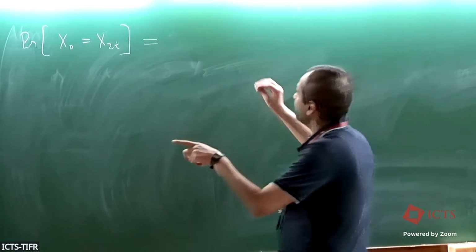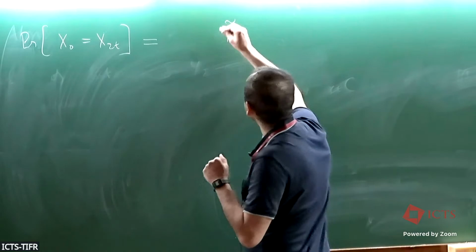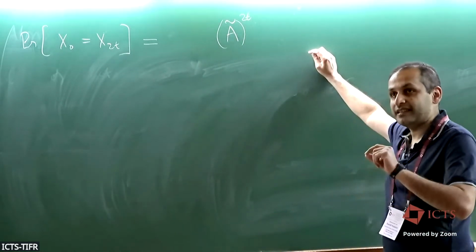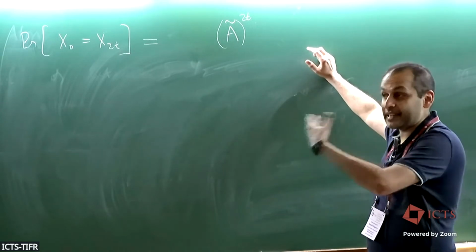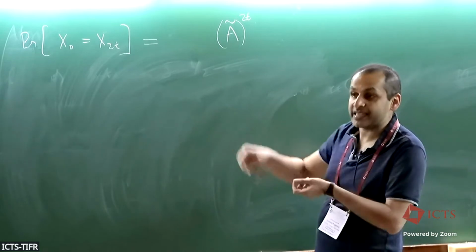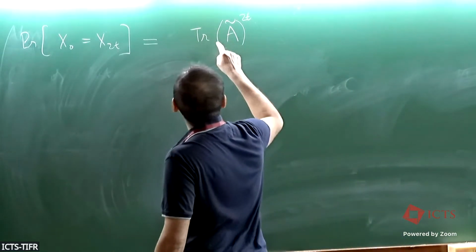Good. So if I take the normalized adjacency matrix and raise it to the power 2t, that is the transition matrix for 2t steps of the random walk. And the chance of starting at a vertex and ending at that same vertex, to get it, you take the trace, but that summed it up.